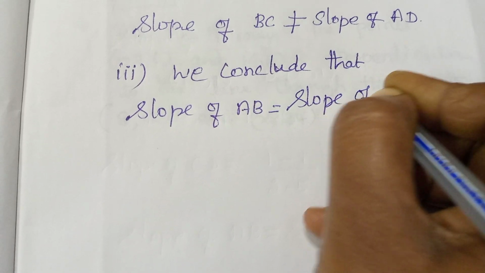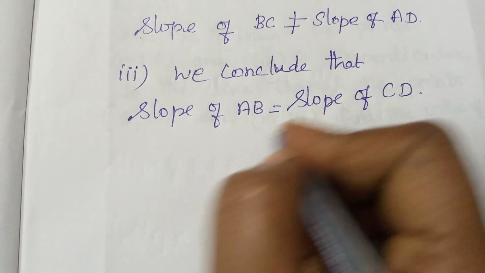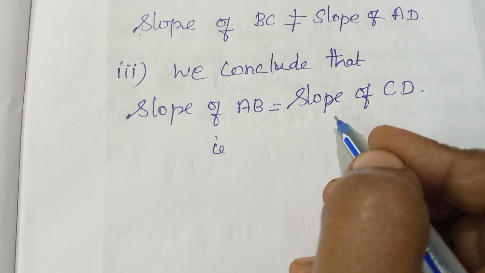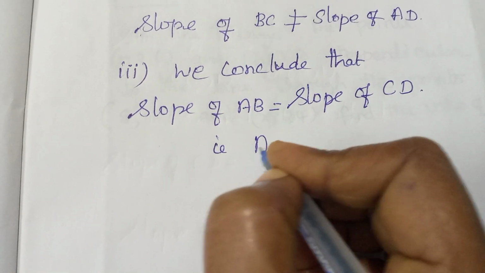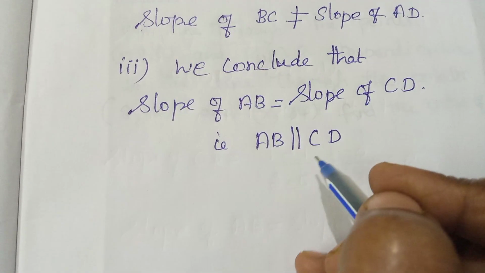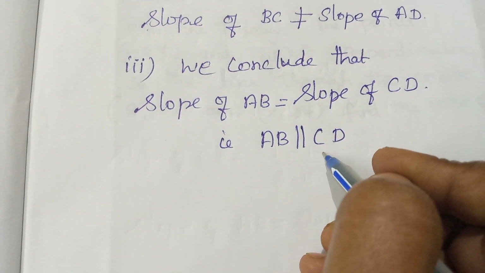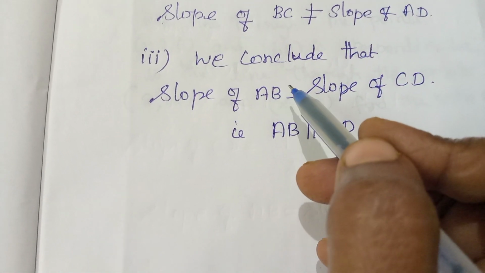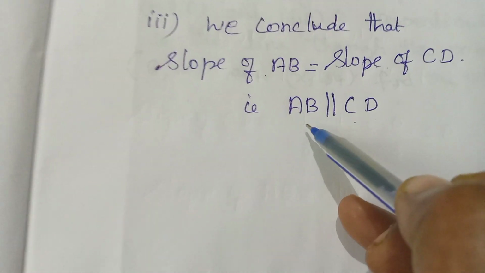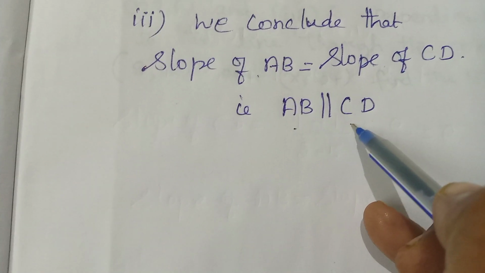Both slopes being equal means that the two lines are parallel. So AB is parallel to CD. Since two lines are parallel, slopes are equal, we know the M1 equal to M2 condition. Slopes are the same, so we can say that the two lines are parallel.